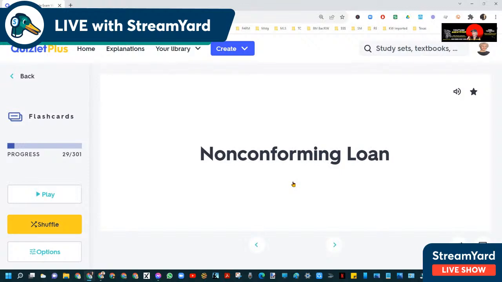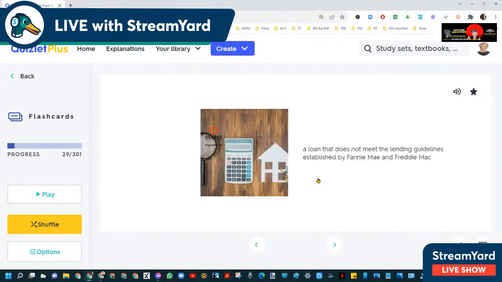A non-conforming loan. Boy, internet issues. Okay, a non-conforming loan is a loan that does not meet the lending guidelines.